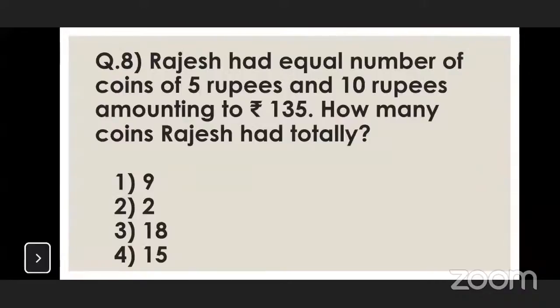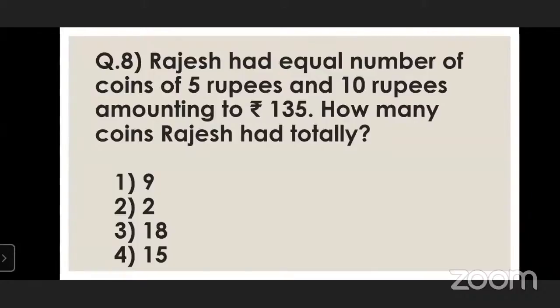Okay, read the question. Rajesh had an equal number of coins of 5 rupees and 10 rupees, amounting to rupees 135. How many coins did Rajesh have in total?